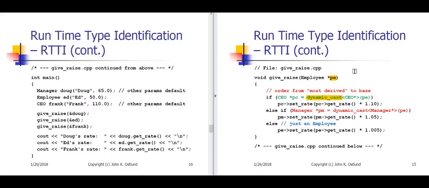Because if PE is pointing at a CEO, since a CEO is a kind of employee, PE is also pointing at an employee. And so if we did a check whether PE was pointing at an employee, we would discover, oh, that's true. So the order in which we did this, from most derived down to base, is very important.